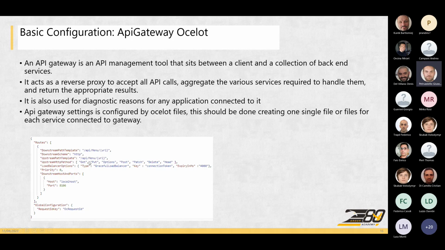In this case the path is similar, but it's also possible to change the downstream path with respect to the upstream. The upstream HTTP method is the filter of the requests accepted by the API gateway, and this is information about the load balancer that we can see next. The downstream host and port are the host and the port to which the request should be redirected by the API gateway.